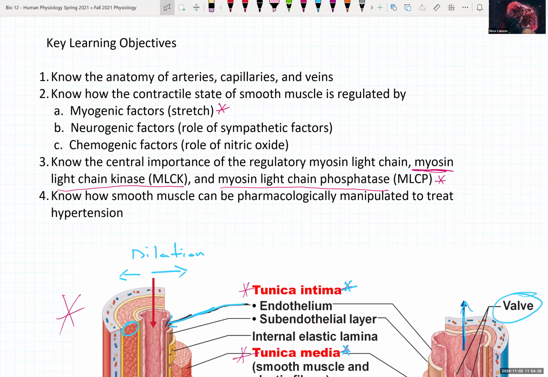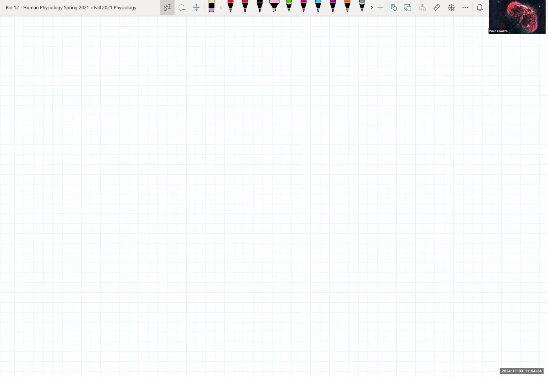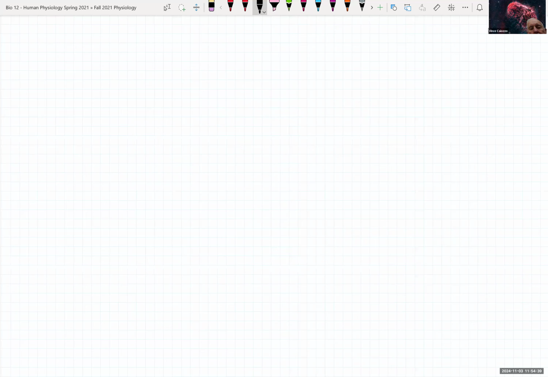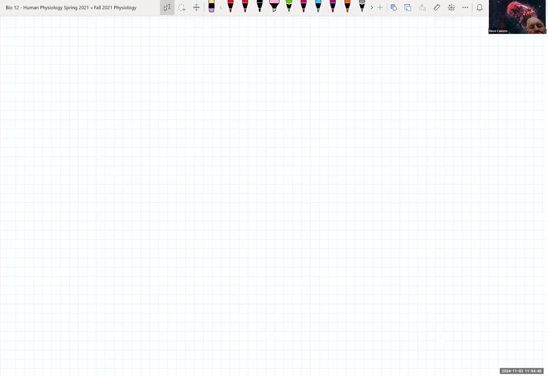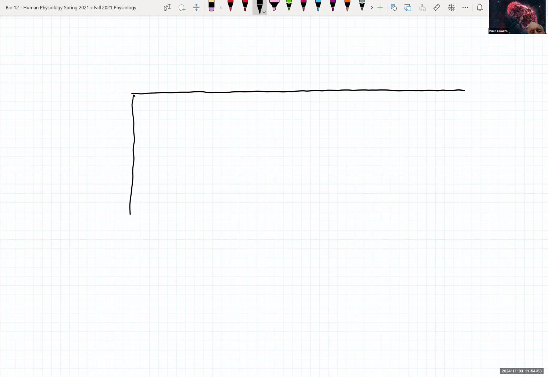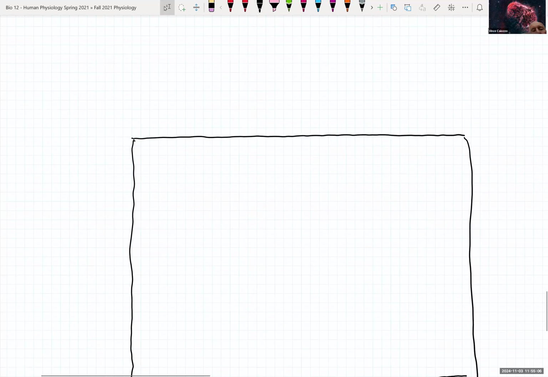So to explain this, I'm going to just start off with a box. And this will represent a smooth muscle cell.